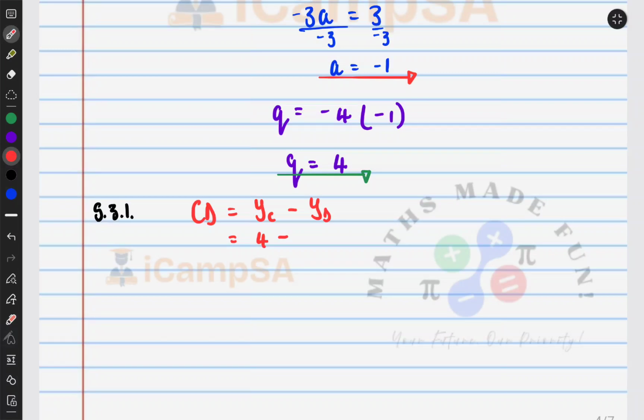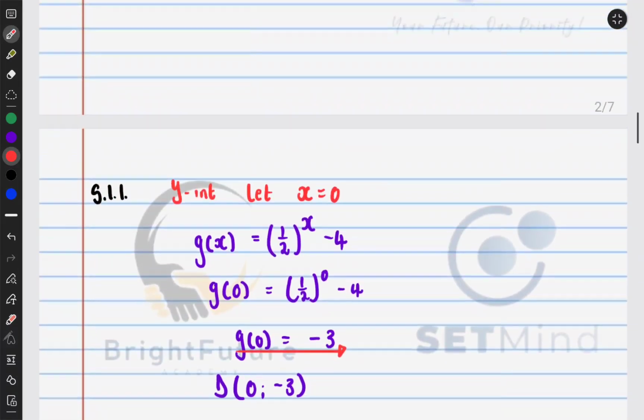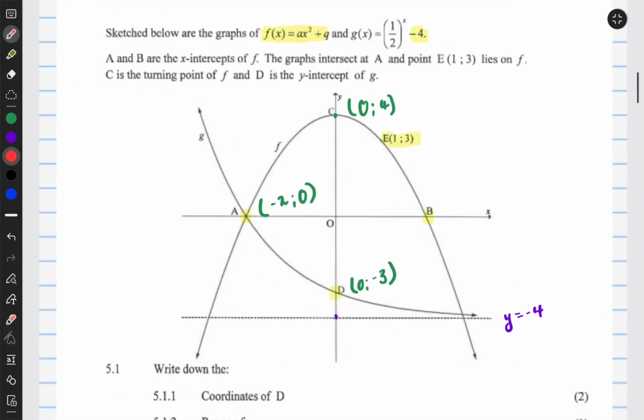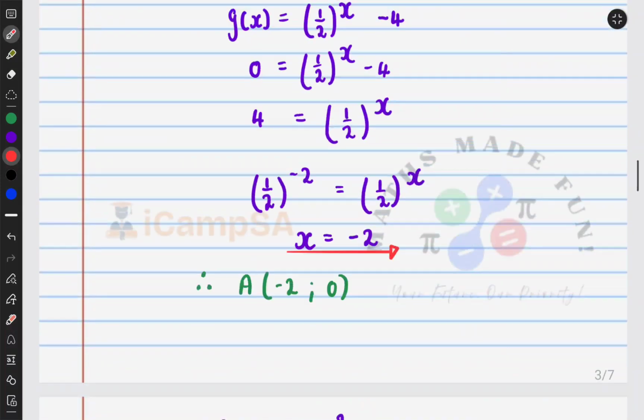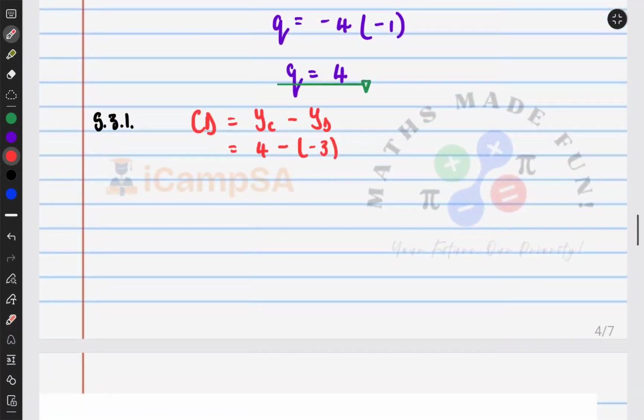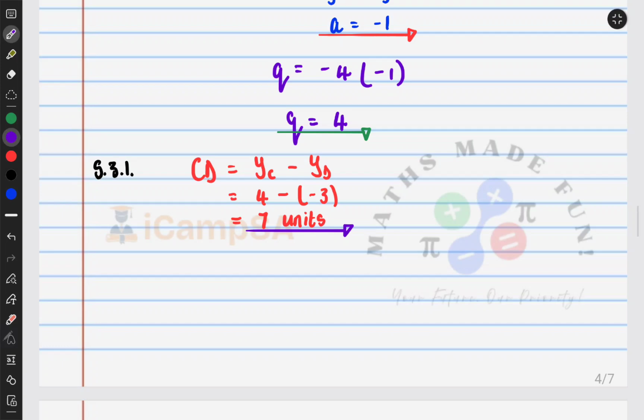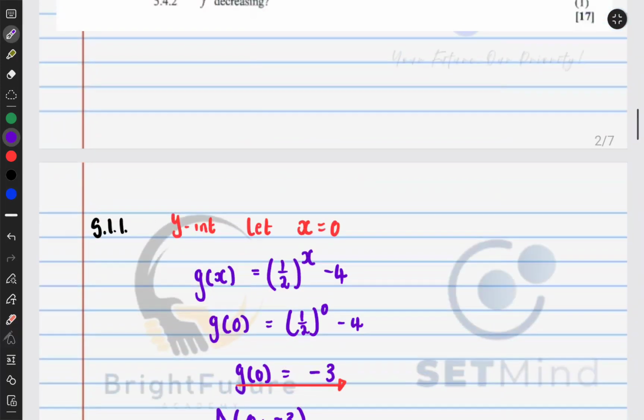It is 4 minus y of D, which is negative 3. Quickly double check. Yes. Okay. Therefore, 4 minus negative 3 is gonna be 7 units, and that is the length of CD.